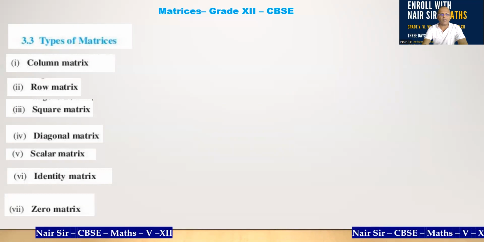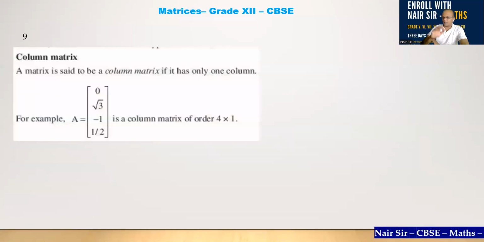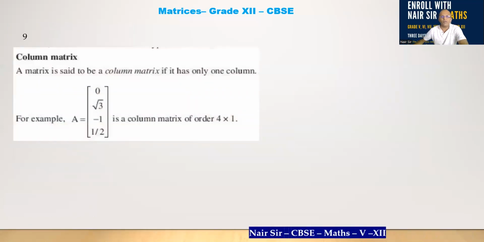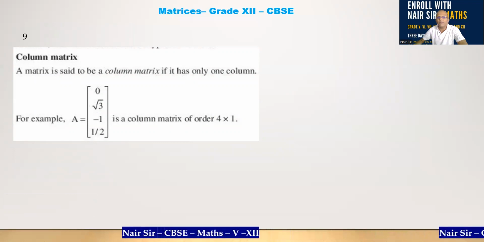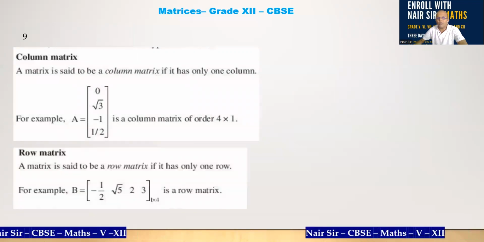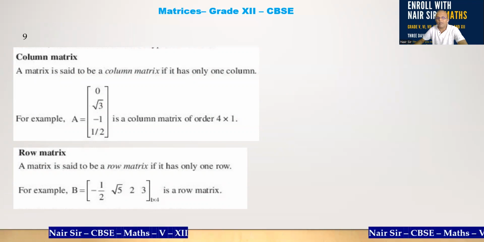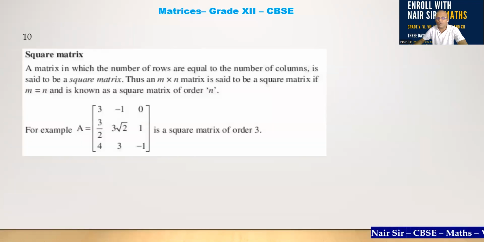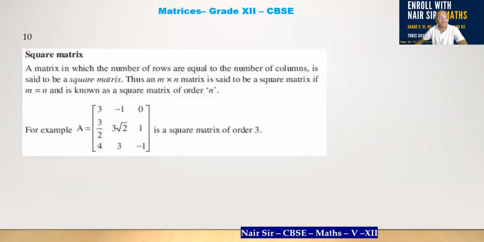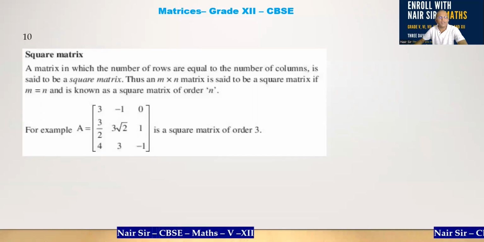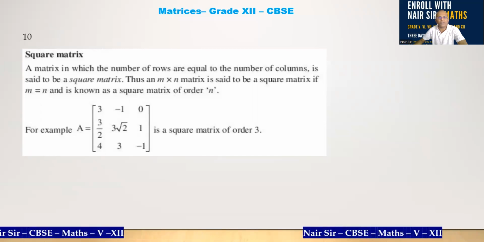And the next. I've explained this to you. Column, row, 1 by 4, 4 by 1, square. I can have anything in a square matrix. It's of order 3.